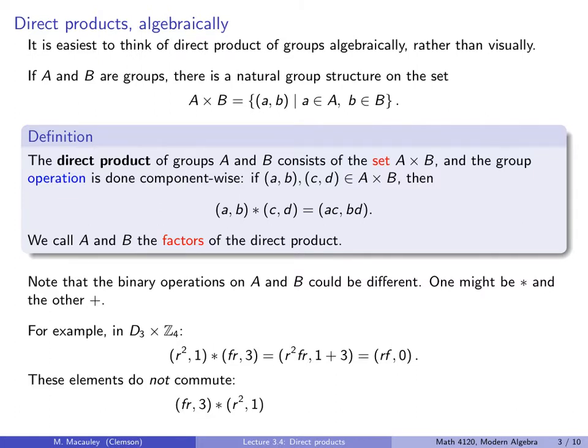Note that these elements do not commute, because if I multiply these two ordered pairs in the reverse order, I get fr cubed and 3 plus 1, which is (f, 0), so this is not equal to that.